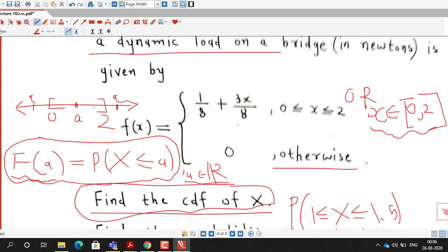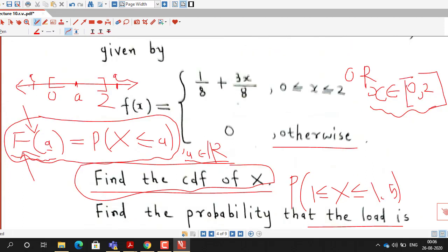So a can be strictly less than 0, a can be in between 0 and 2, and a can be greater than 2. In all three cases, we have to write down the value of the CDF.